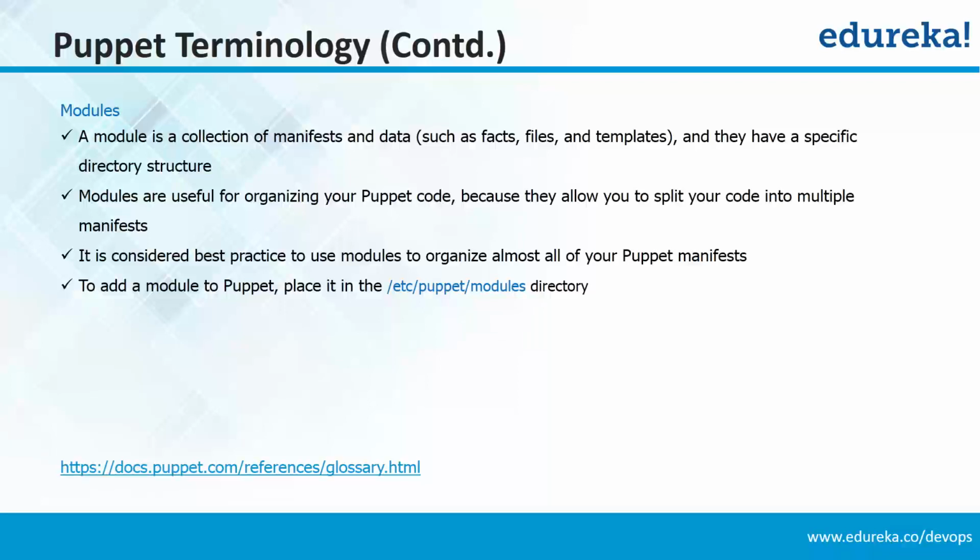Like we said, all you have to do is put a manifest. You don't even have to write a class. Just put the whole code in a manifest. Simple, no issues. But to avoid problems and manage it down the line, we strongly recommend that you use a module. So we'll be looking at modules in future sections, in the hands-on sections, and see how modules work.